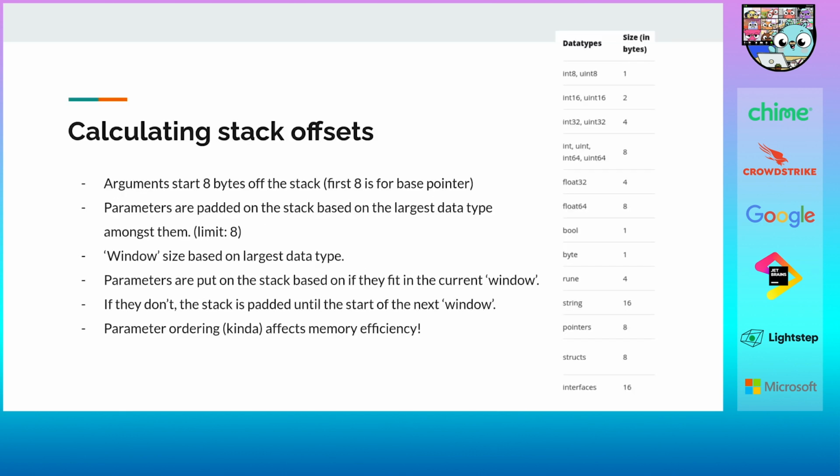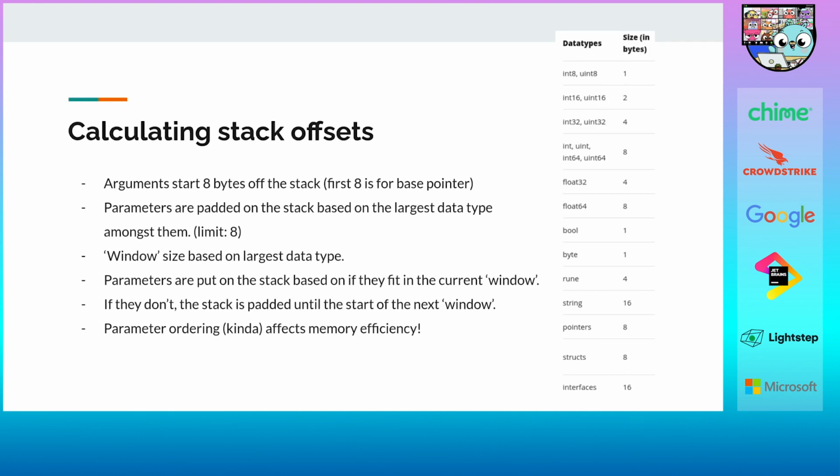Don't worry. When it comes to calculating stack offsets, it's pretty basic arithmetic. First off, arguments start 8 bytes off of the stack. The first 8 are for something called a base pointer, and let's not even go into that.